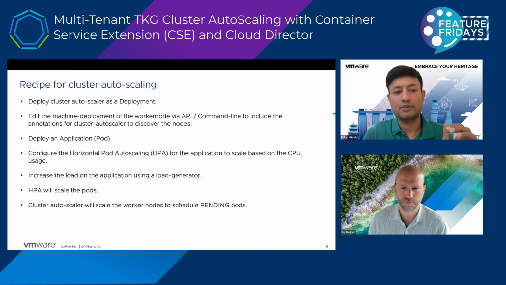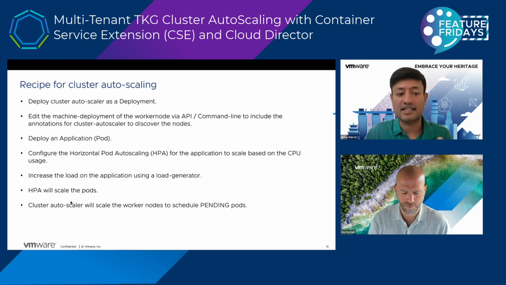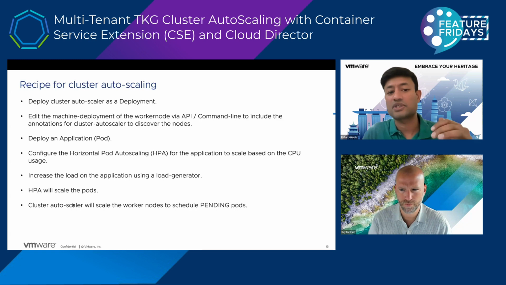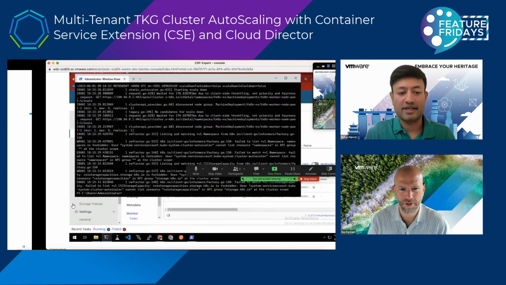We will try to generate traffic for this application so that the application can scale, or the pods can scale. During this process, we will see that a few of the pods may go into a pending state due to insufficient resources. Then the cluster autoscaler will kick in and try to scale a new node. And eventually we will see that the pod gets scheduled. Make sense? All right.